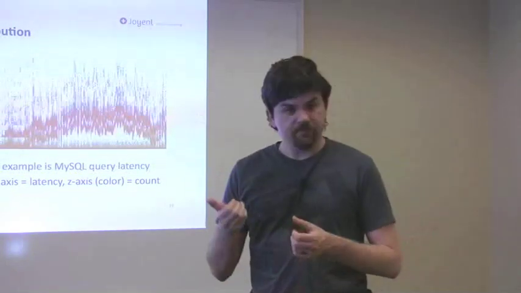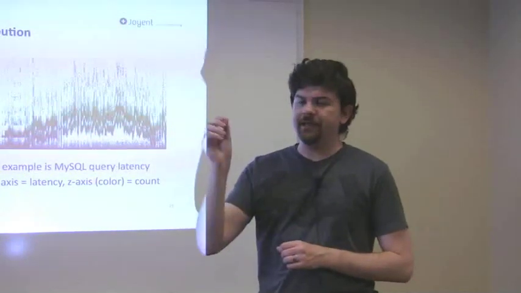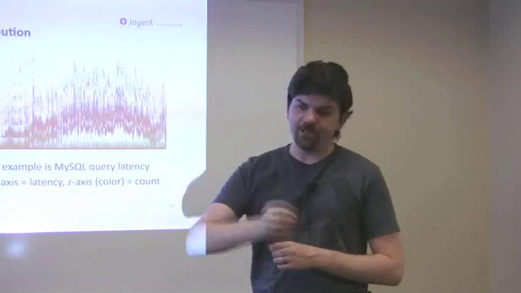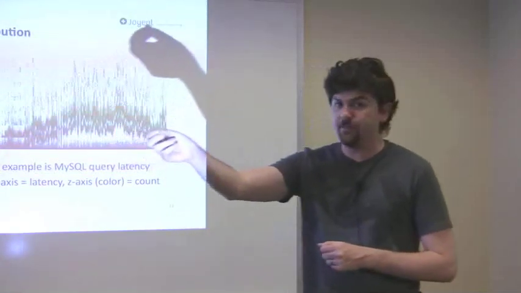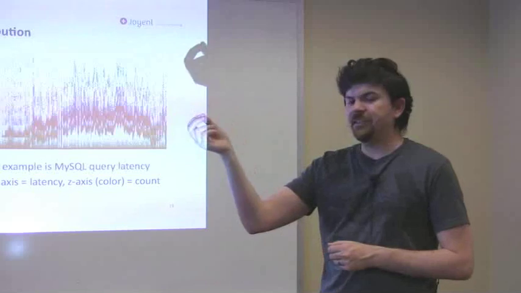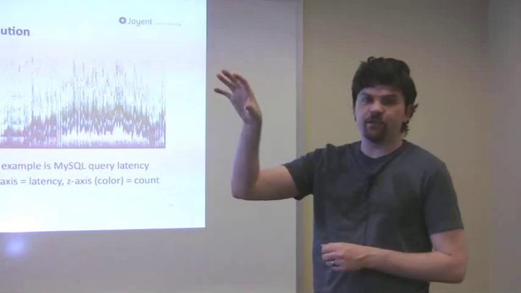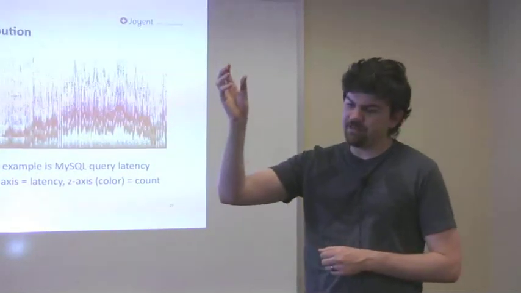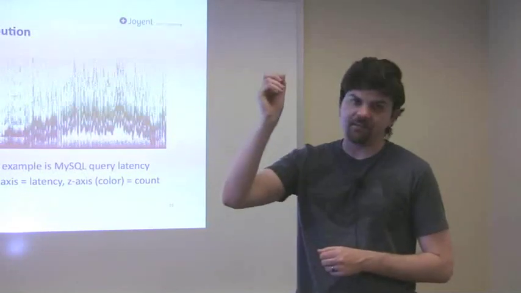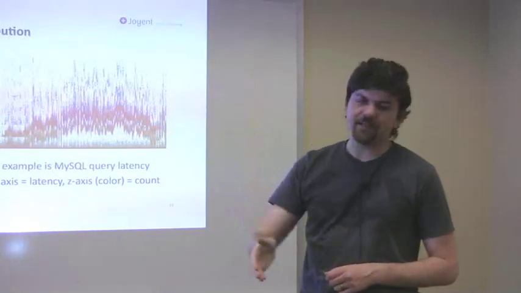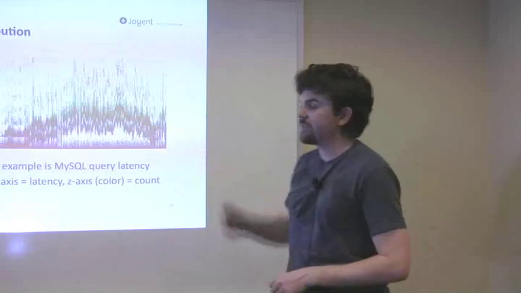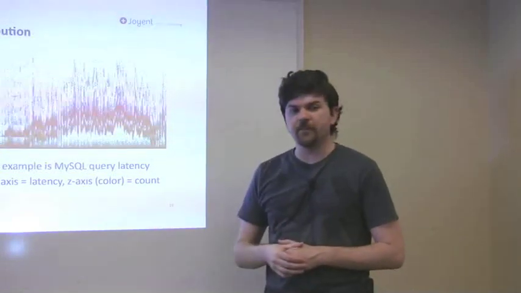DTrace is similar in that we're getting information from the kernel, like tcpdump is getting packets from the TCP/IP stack. However, DTrace is summarizing it inside the kernel first and then passing these summaries only once a second, or it's tunable, down to userland, where it's then processed and turned into a visualization like this.